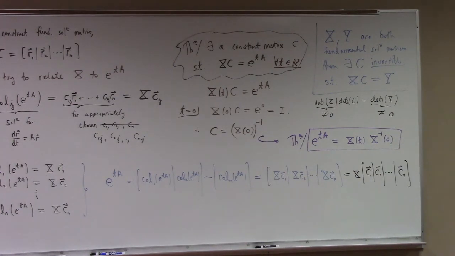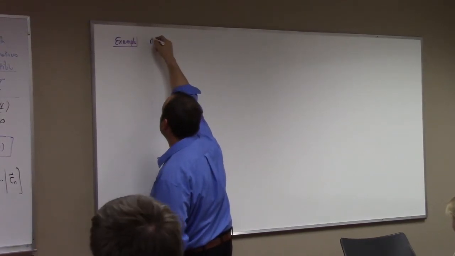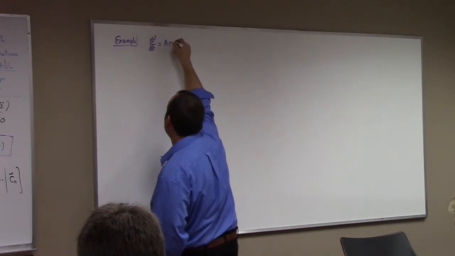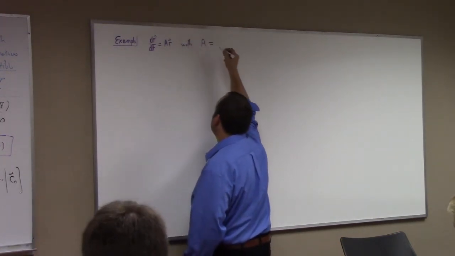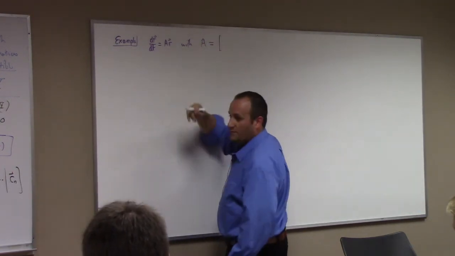Here, let me just flesh this out for a specific example. Suppose we're looking at dr/dt equals Ar, with A equal to... can you guys remind me one we've already worked?